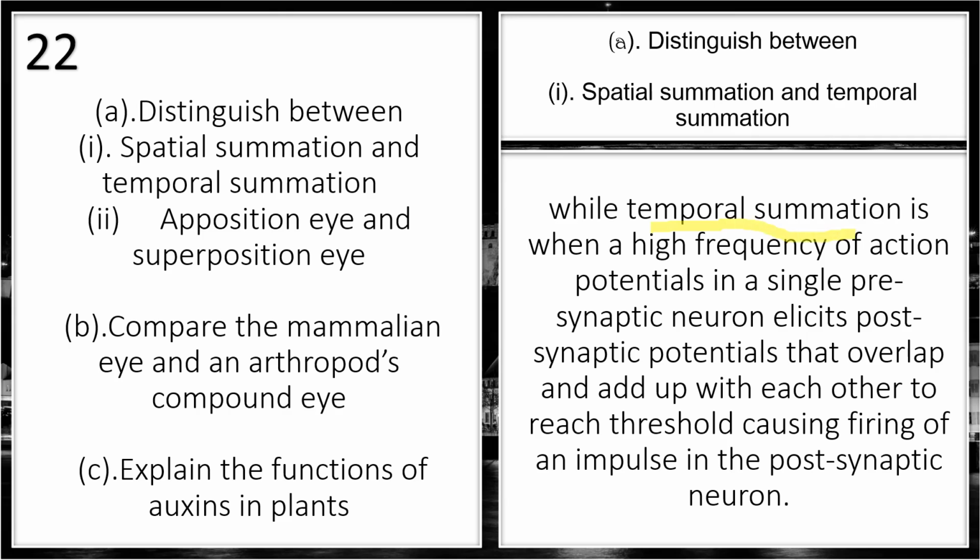While temporal summation is when a high frequency of action potentials in a single presynaptic neuron elicits postsynaptic potentials that overlap and add up with each other to reach threshold, causing firing of an impulse in the postsynaptic neuron.